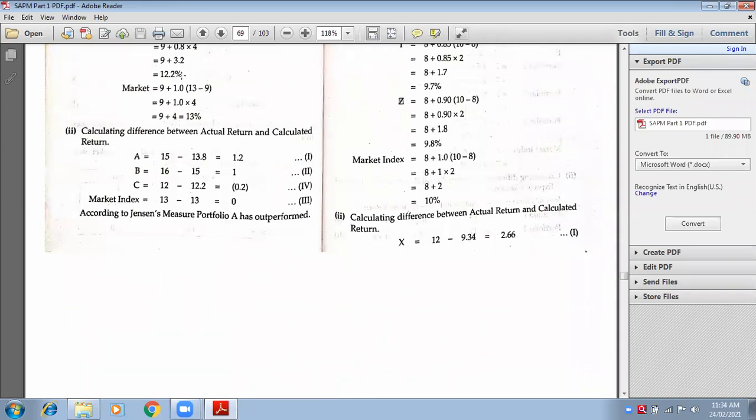One is the calculation of the returns according to the CAPM formula. And then we have to calculate the difference between actual and calculated returns. Actual is given in the table, 15 minus 13.80, the one which we have calculated. So 15 minus 13.80 is 1.2. Similarly, you have to do it for B and C and the market.